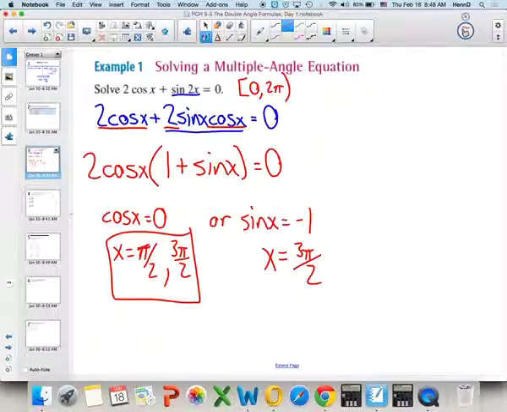If I want you to do some other range, like only give me the angles from 0 to pi, or from negative pi to positive pi, then we'd choose the answers that fit. If it was just 0 to pi, then just the pi over 2 would be your answer. And if you think about it, that's kind of real life. A lot of times, especially dealing with a triangle, your angle has to be less than pi.